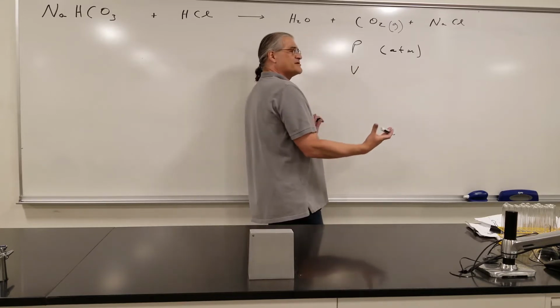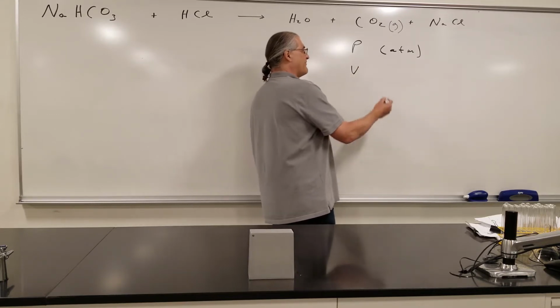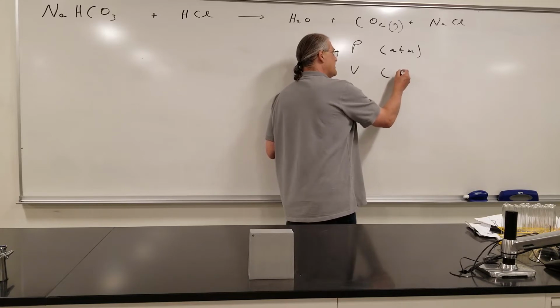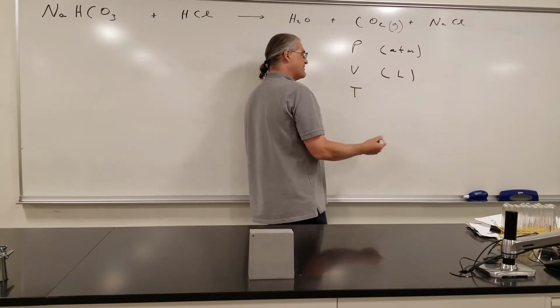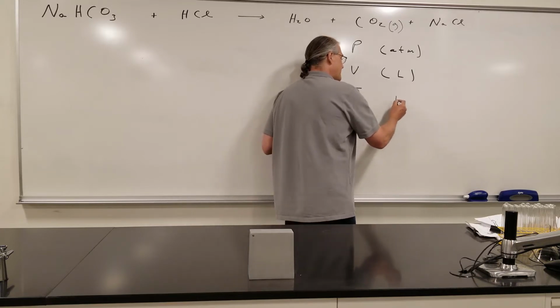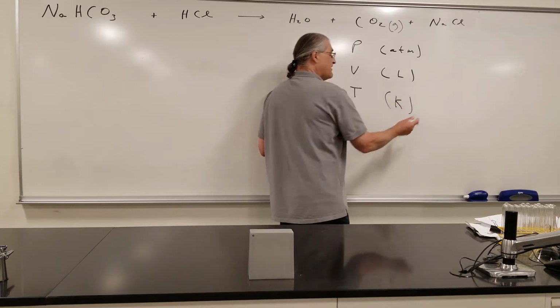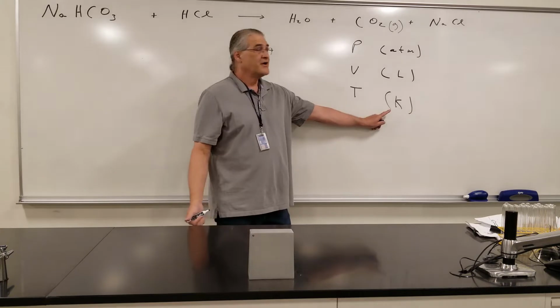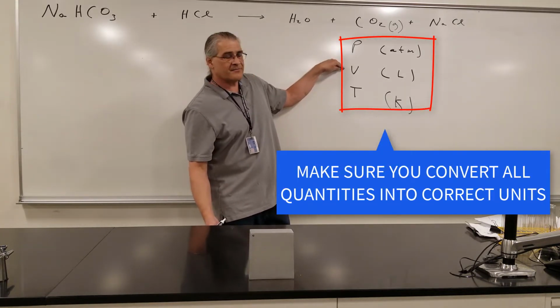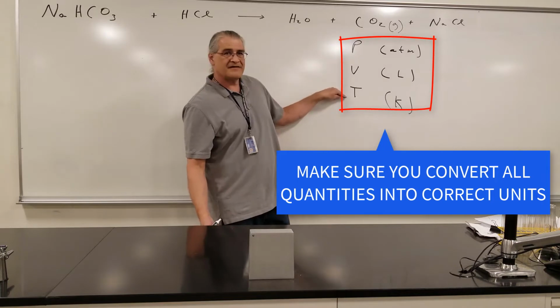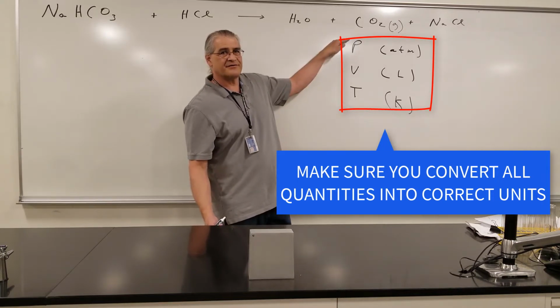We'll initially measure it in milliliters, but we'll have to convert it into liters. We'll know the temperature of that gas in Kelvin. We'll measure it in degrees Celsius, but convert to Kelvin. So we'll know the pressure, the volume, and the temperature of that CO2.